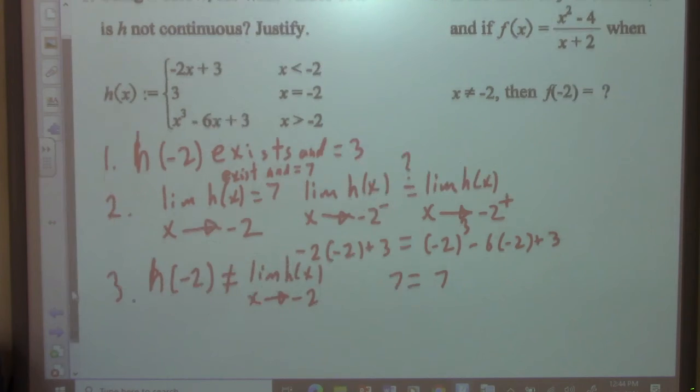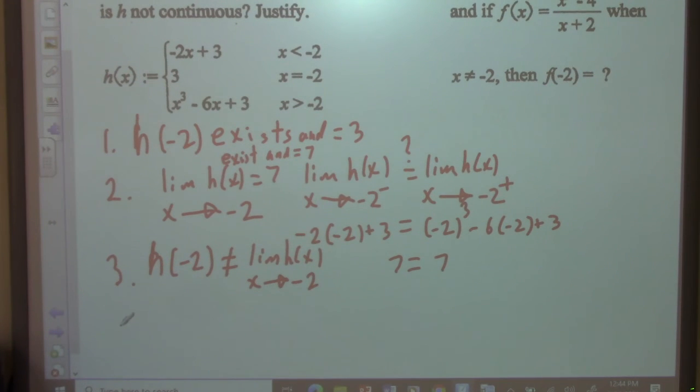Okay, so what you do is you say, then you conclude, therefore, h of x is not continuous at x equals negative 2. Okay? So this is a logical process of going through those steps.